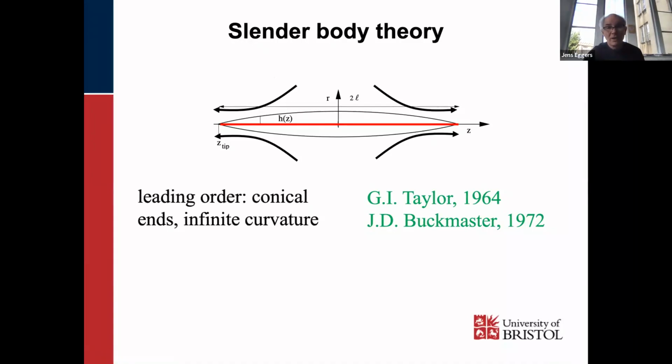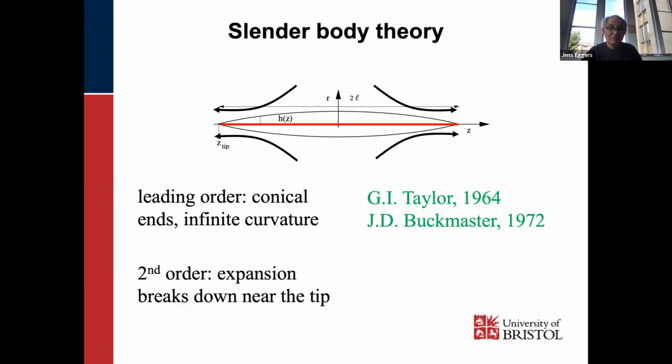So I'm not going to present this theory in detail here. But what G.I. Taylor found was that the interface here at the tip is conical in shape. That's what the slender body theory gave. And since it's a cone, it ends in an exact tip with infinite curvature. So that's the reason why it's actually relevant to ask whether the interface has infinite curvature or whether it remains always rounded.